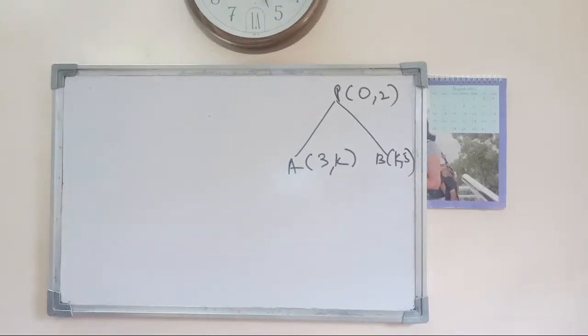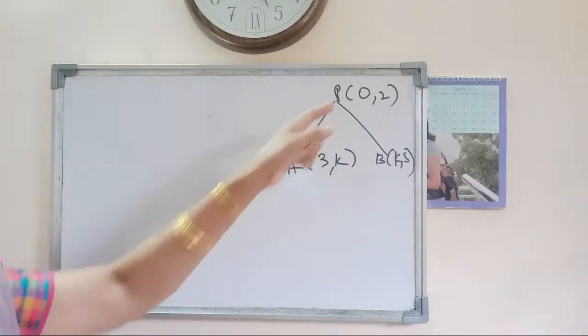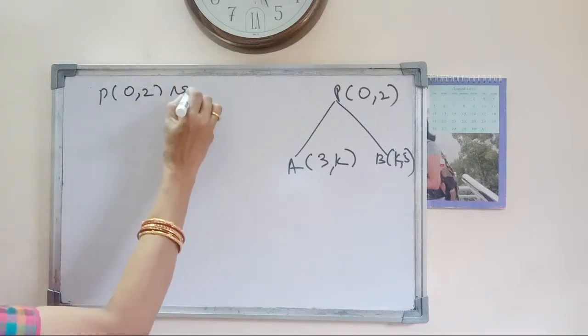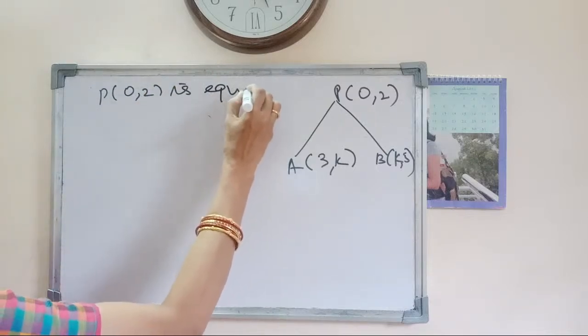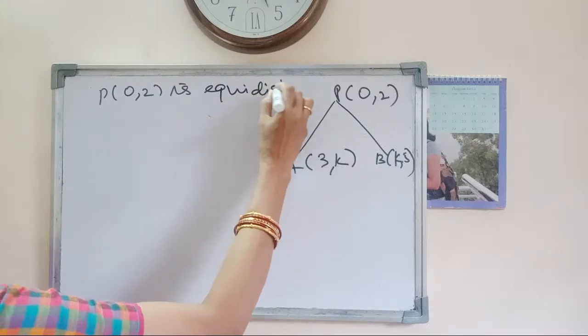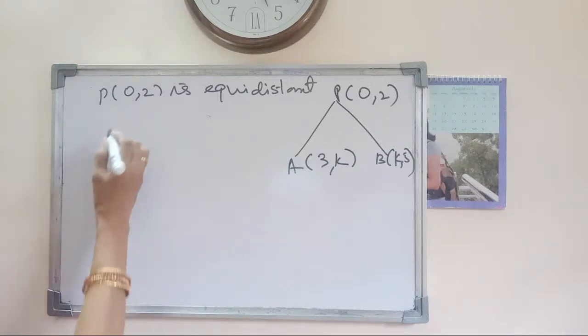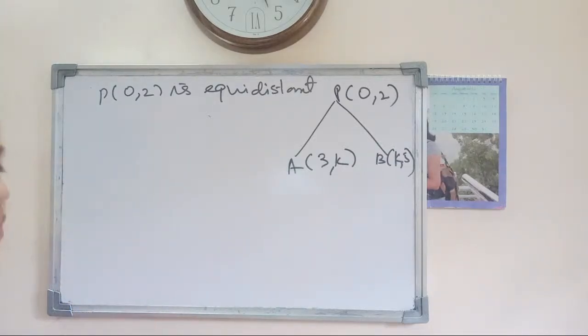Equidistant. So when they mention equidistance, what is the condition we have to take? Since point P (0, 2) is equidistant, the condition is PA equals PB.